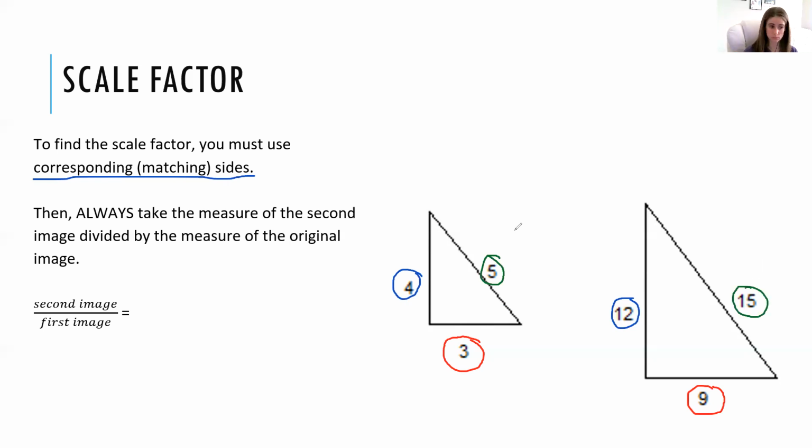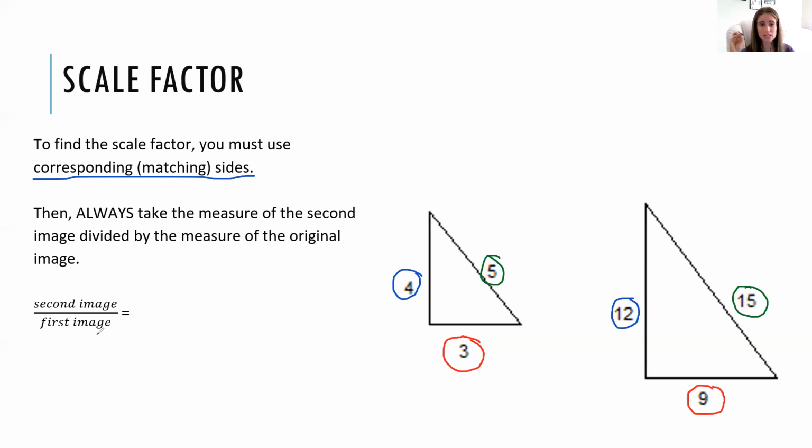Once you select the corresponding sides you want to use, the second part of this is you set up your scale factor, you set up your fraction, you set up your division by having the second image over the first.